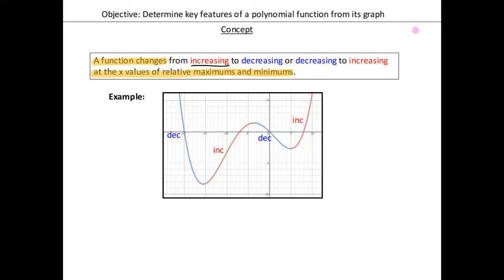So I'm going to go from increasing to decreasing, changing at the max and the mins. If I look at increasing, I'm going to be using pink for increasing. So I'm going from the minimum over here to the maximum in the middle, and again from the minimum to the maximum over on the right side as well.